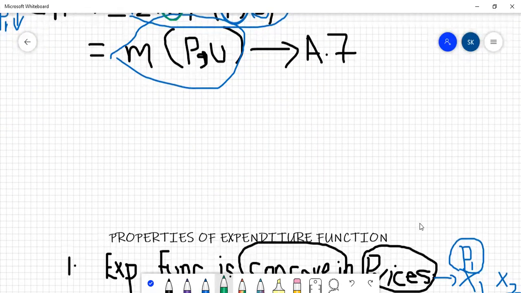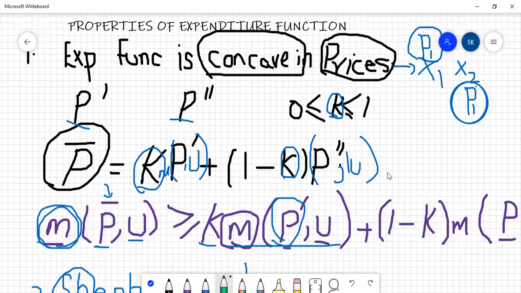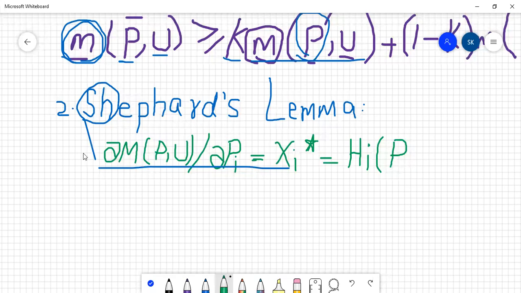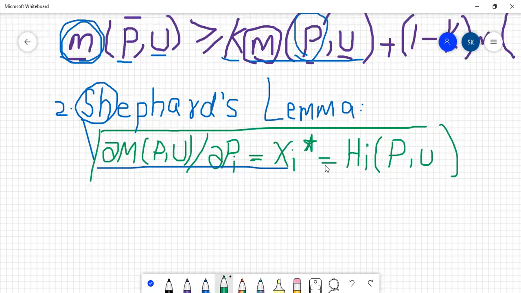For that, we need to go back to our second property. I will not go to this directly; rather, I will solve it for you, and then when we get this particular equation, we will study it.